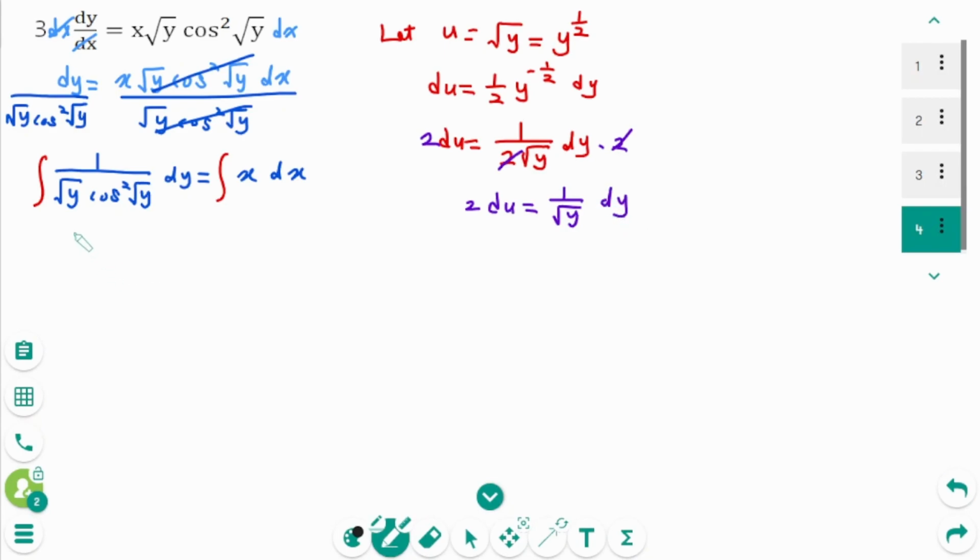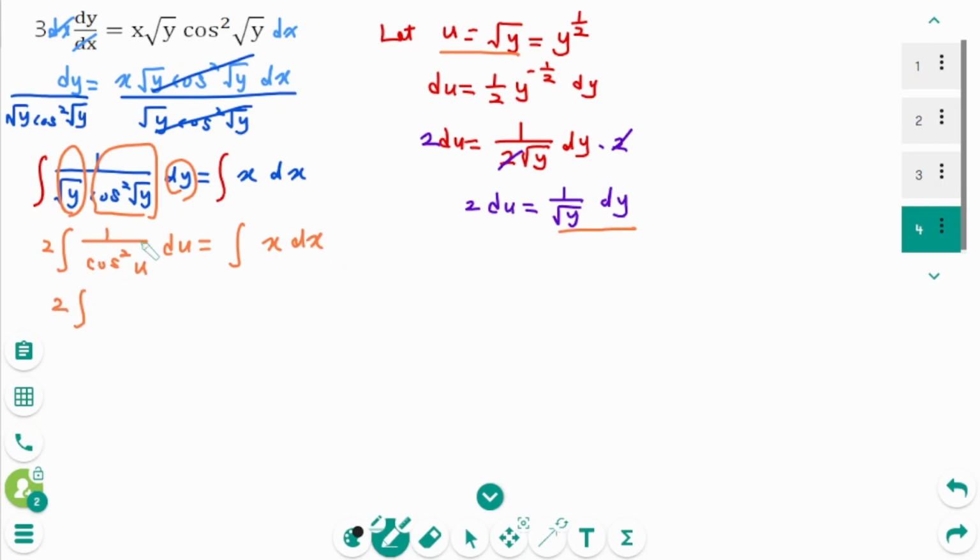Then back to the original. Integral of 1 over cosine squared square root of y is u, then 1 over square root of y dy is 2 du, equals integral of x dx. Then 2 times integral of 1 over cosine squared is secant squared u du equals x squared over 2 plus c.